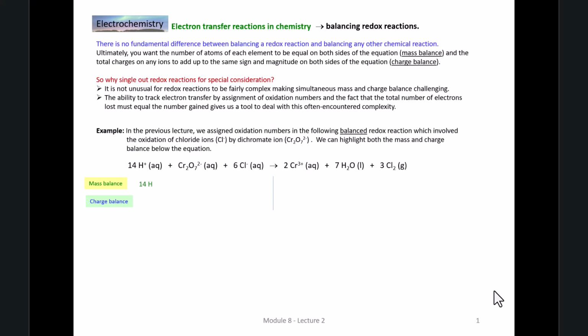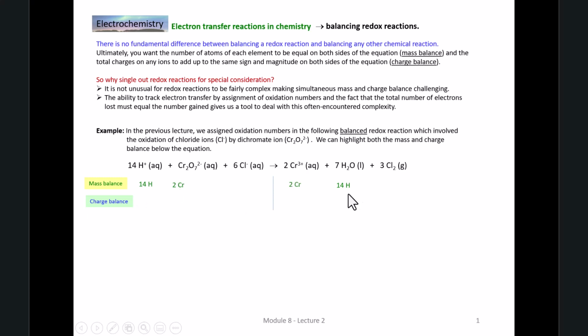So for the mass balance, we have 14 hydrogens on the left. Yes, I know they're in the form of hydrogen ions, but I'm just counting the element symbol, 14 H's. And on the right, there's 14 H's stowed away here in the 7 water molecules. There's 2 chromiums on the left.